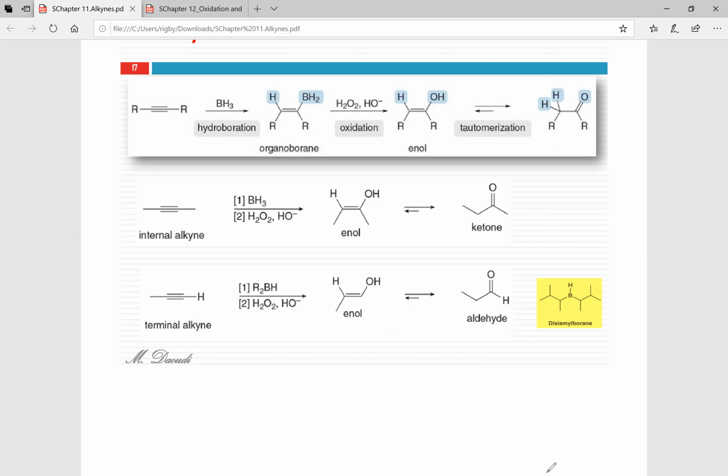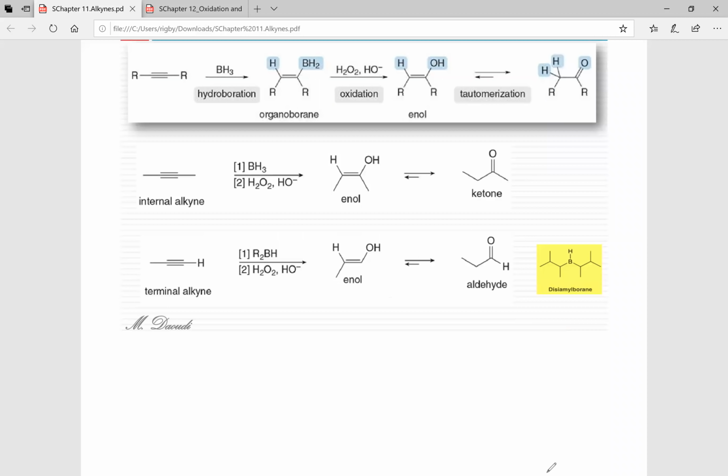As far as the internal alkyne goes, everything is just about the same for hydroboration oxidation and hydration using an acid. However, with the terminal alkyne, if you recall from back in chapter 10, when we do hydroboration oxidation, the hydrogen and the OH group are added anti-Markovnikov, which means the OH is going to be added to the less substituted carbon, in this case, the carbon next to the hydrogen, and the hydrogen will be added to the more substituted carbon.